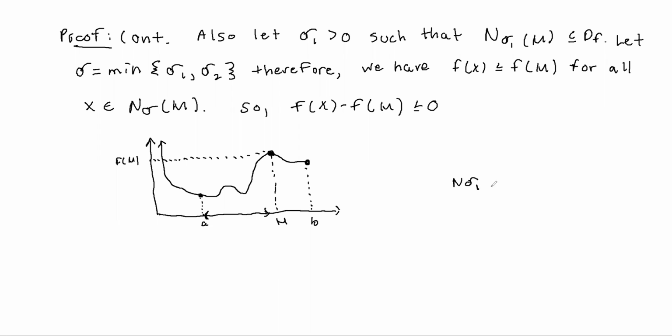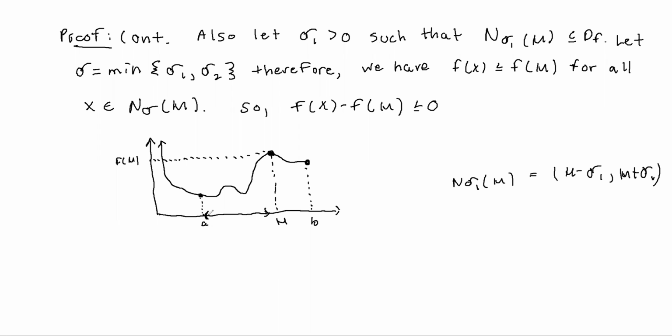So let's say the neighborhood of mu would equal mu minus delta 1 to mu plus delta 1, so it's an open interval.